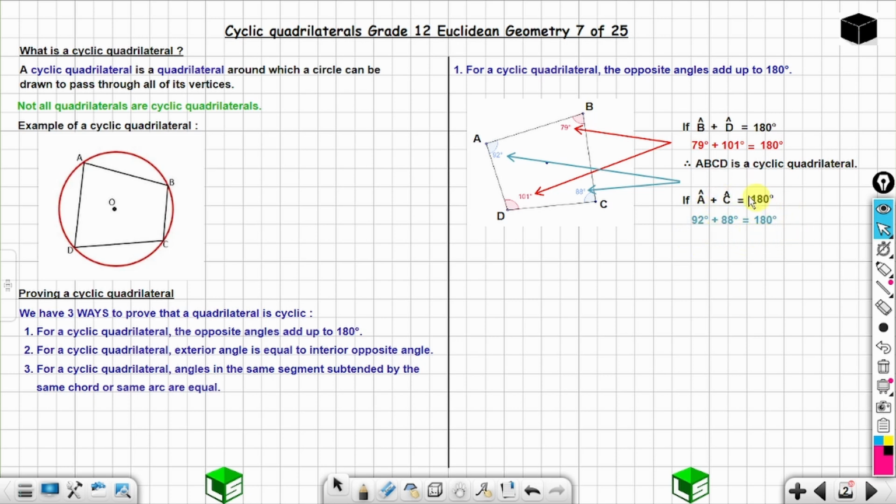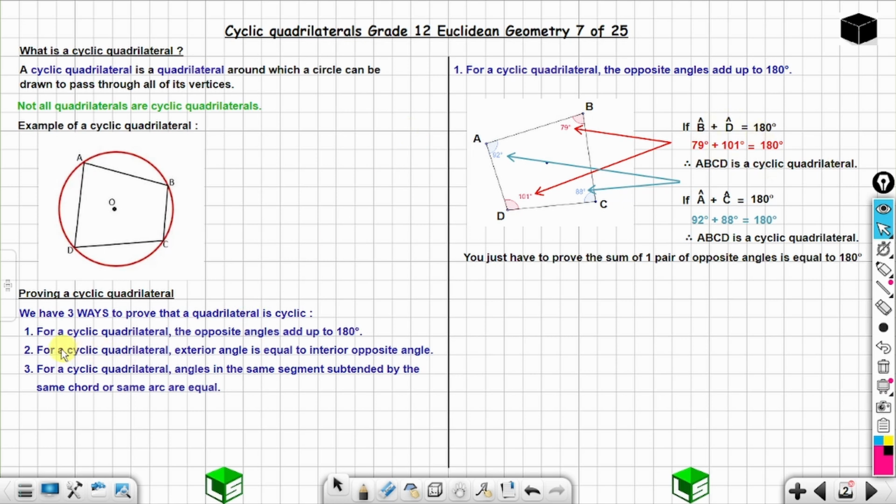When you have this situation, therefore, ABCD is a cyclic quadrilateral. It means a circle can be drawn around this quadrilateral in such a way that all four vertices are going to be touched. So you just have to prove the sum of one pair of opposite angles is equal to 180 degrees. One pair is enough. Do not do this and this.